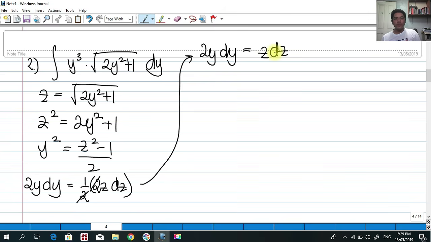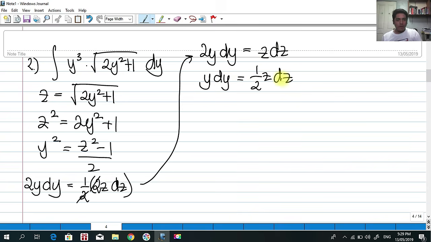And as you can see, in order for us to use this y dy, let me just rearrange this first into y dy, so that the 2 will become 1 half z dz on the right side.